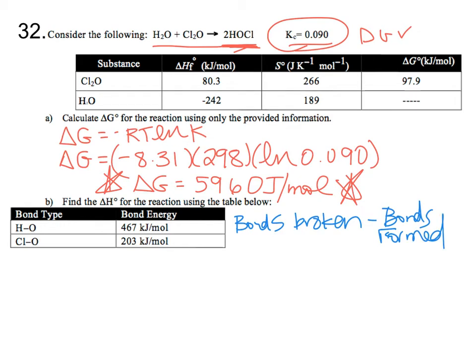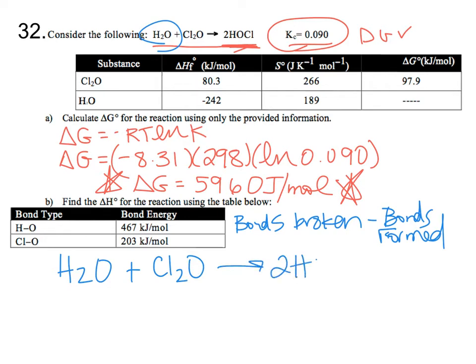So let's take a look at what we're breaking. I'm just going to rewrite the reaction here. H2O plus Cl2O gives you 2 HOCl. So we know H2O looks like this, right? So we're going to have to break 2 OH bonds.